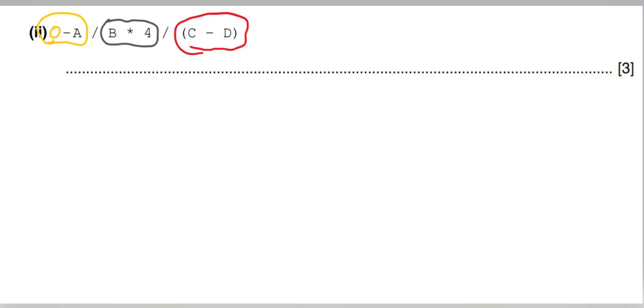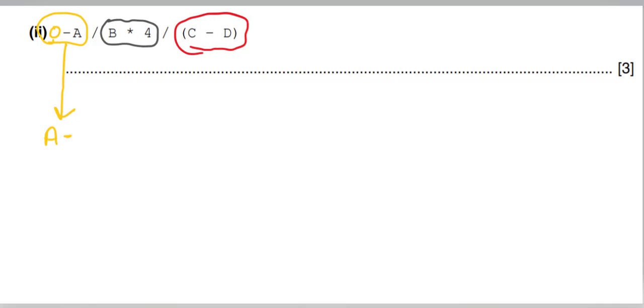That's my step 1. Now I'm going to deal with these as individuals. So if I bring this down, 0 take away minus a is the same as saying minus a. But if we're using RPN, it would be a minus.